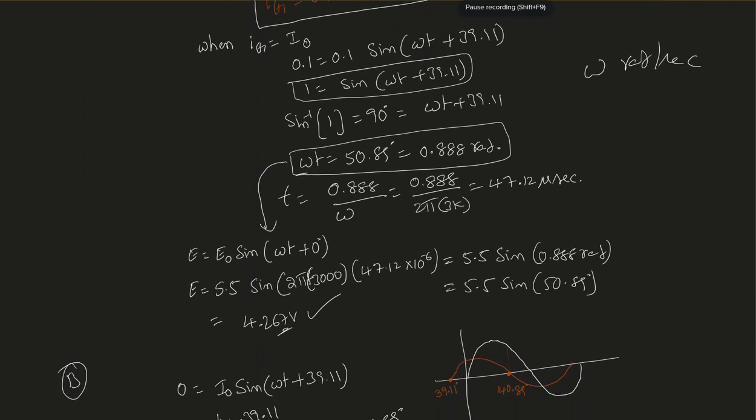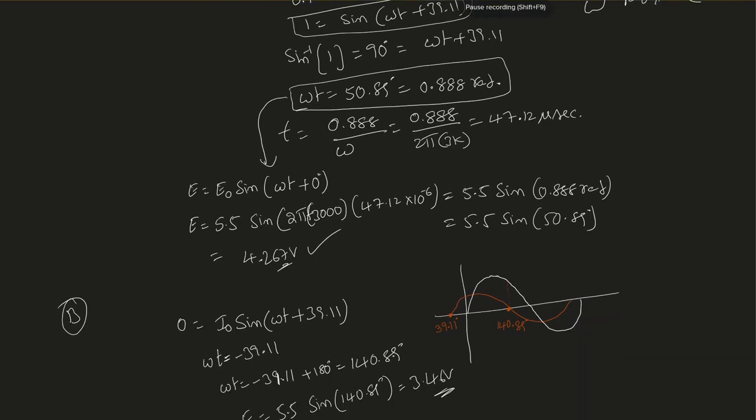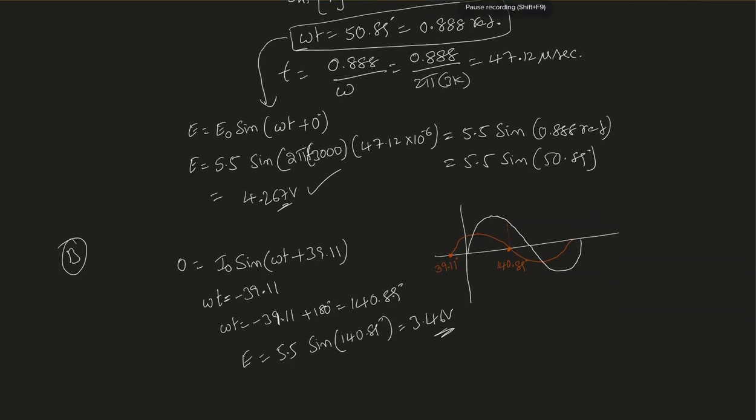That is the first part. Now for the second part, he's also asking what the voltage value will be when I becomes 0 and is going in the negative direction.